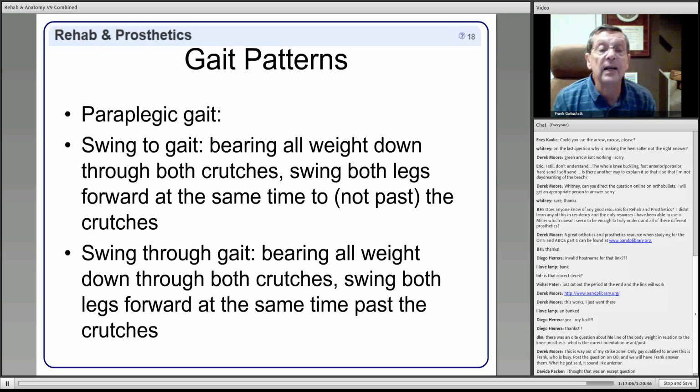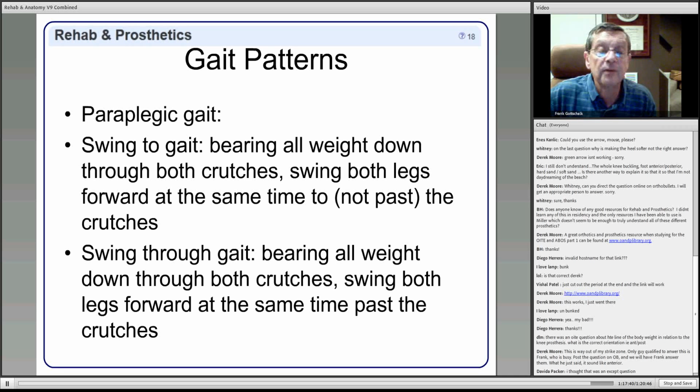Now, to highlight the difference between swing-to gait and swing-through gait, remember that in swing-to gait, one bears all the weight through both crutches, and we swing the legs forward at the same time up to the crutches, but not past the crutches. Whereas in a swing-through gait, again, bearing all the weight through both crutches, meaning the upper extremities are taking the load, the legs are swung forward at the same time, but past the crutches, in other words, to some point in front of the crutches.